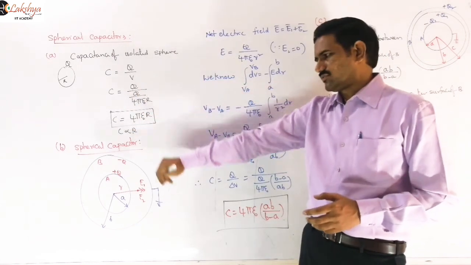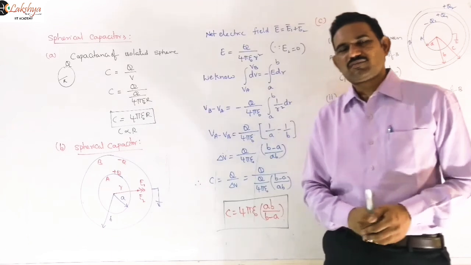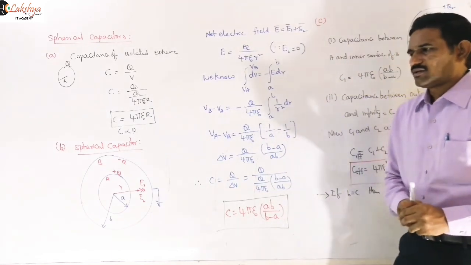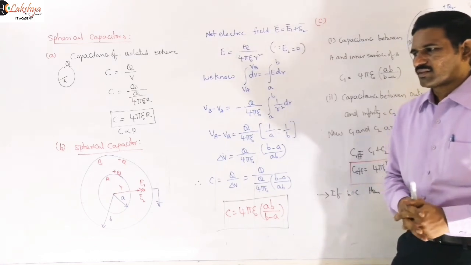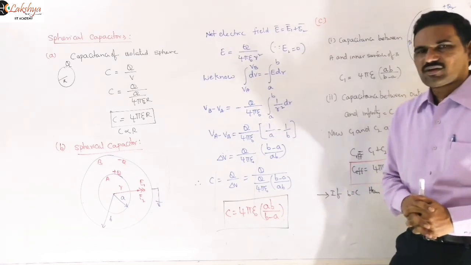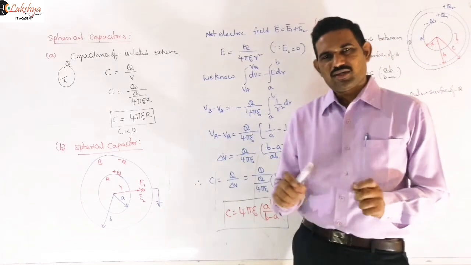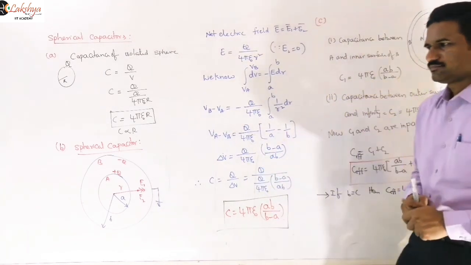Now note that we consider two concentric spherical shells A and B having radii small a and small b respectively.